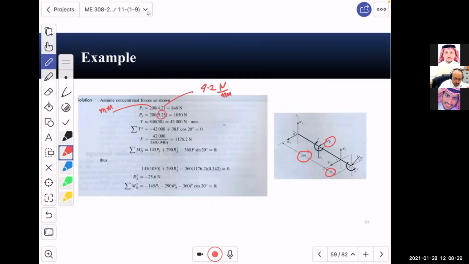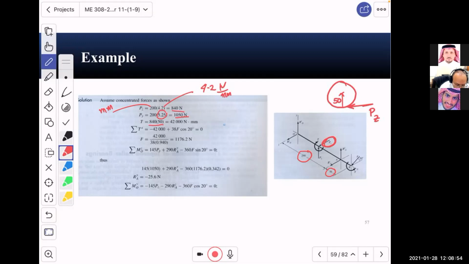This is the other distribution in the y direction. So we got these two forces. I remember I explained this very well last time. Then we said that the torque can be calculated as this force, PZ, being multiplied by the 50.